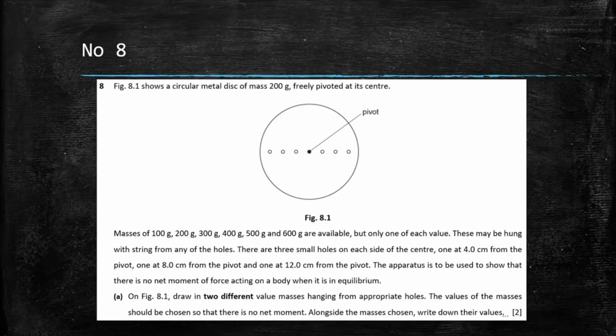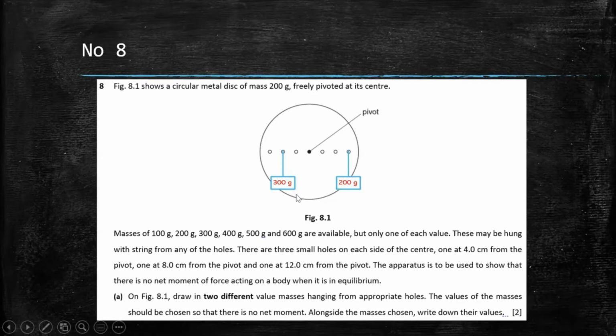My masses are 300 gram and 200 gram. So, the lowest common multiple for my masses is 600. That means we have to put the 300 gram on the second hole and the 200 gram on the third hole.